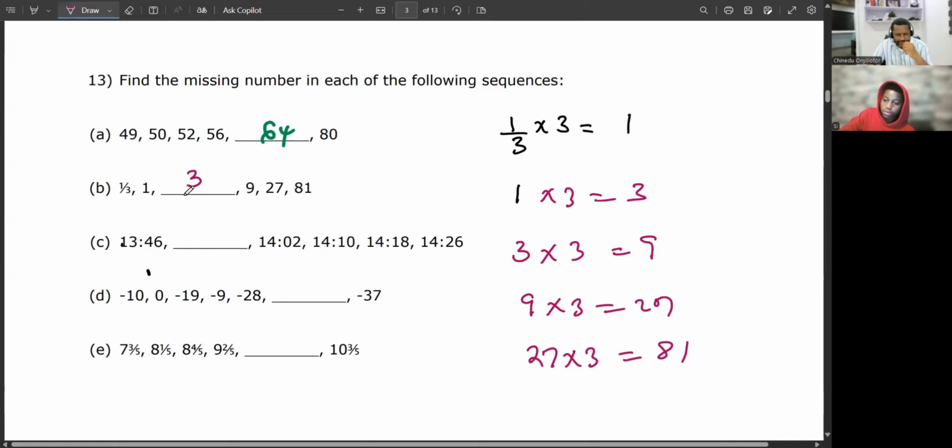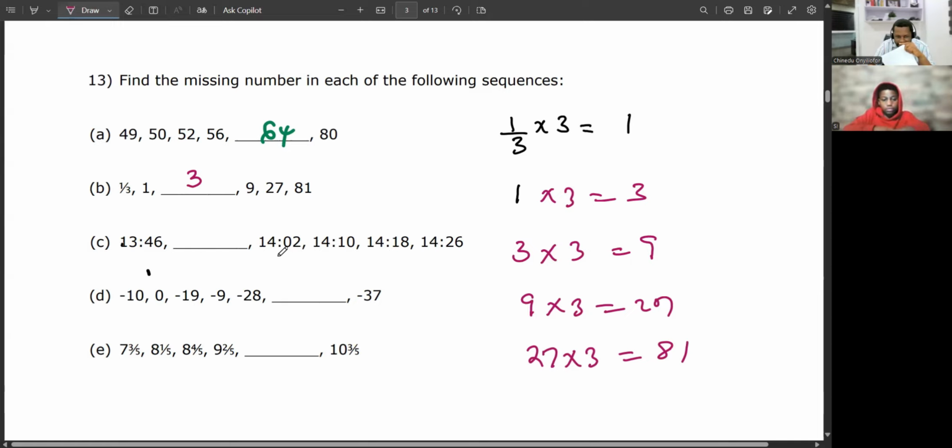The next one looks like a ratio, but it's not really, it's time. The time is going up in what minutes?